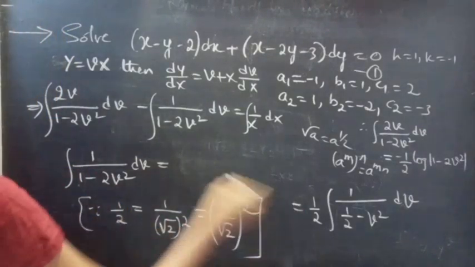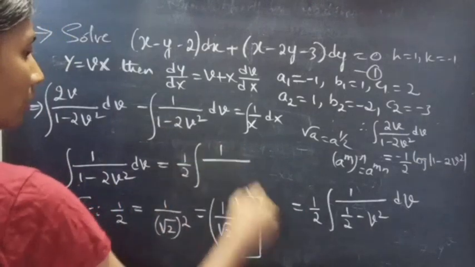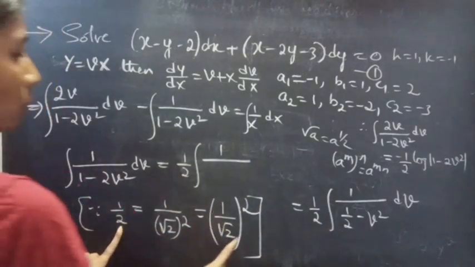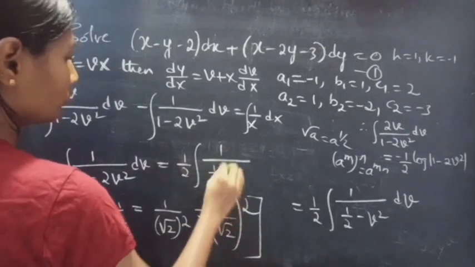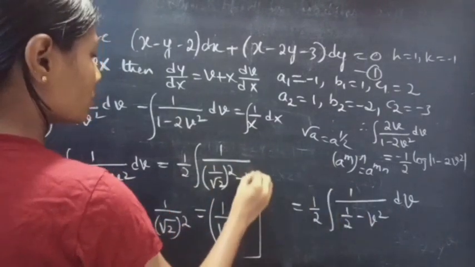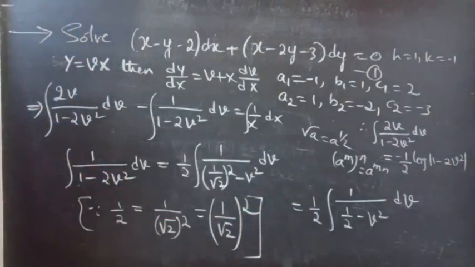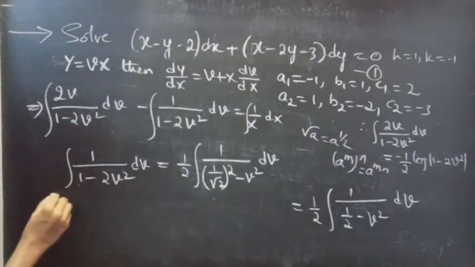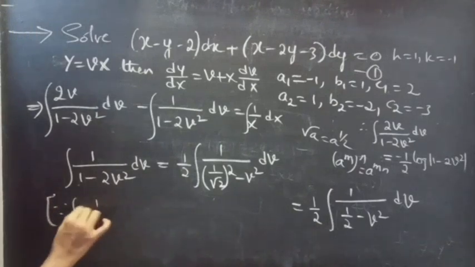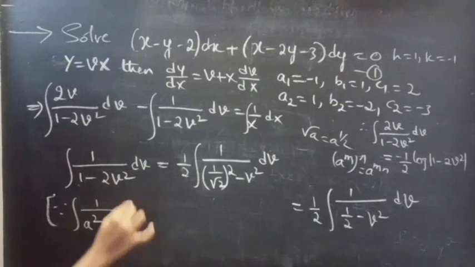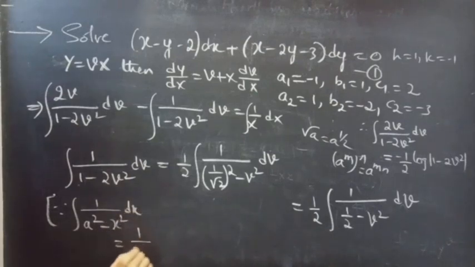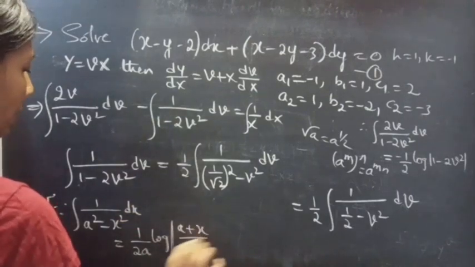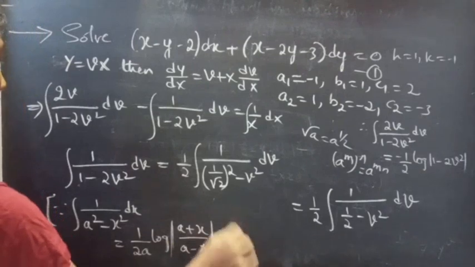Then this becomes 1 by 2 into integral 1 by, replace 1 by 2 by 1 by square root of 2 whole square, minus v square into dv. Since we know that integral 1 by a square minus x square into dx equals 1 by 2a into log mod a plus x by a minus x plus integral constant.